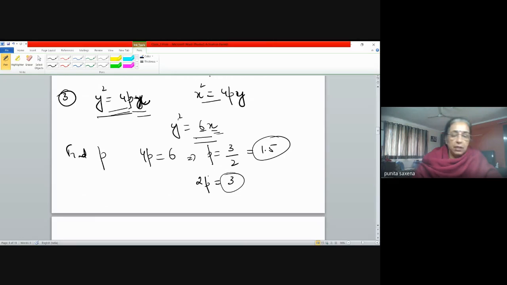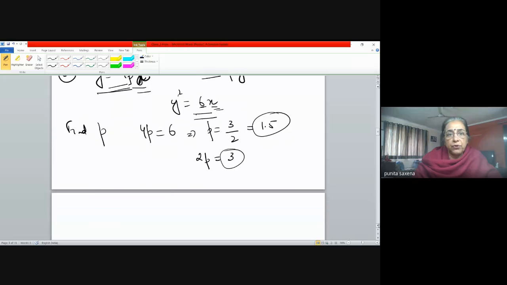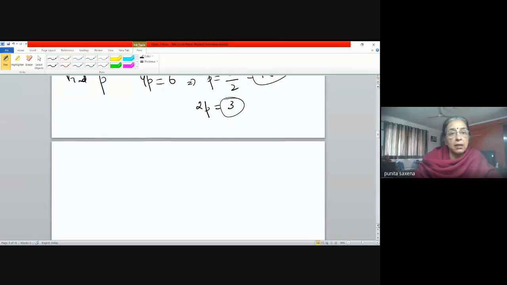Then we start from the origin, because as I said, we are going to have only those parabolas whose vertex is the origin. Directrix obviously उसके पीछे ही जाएगा, right? Once I have identified this is my axis of symmetry, the focus is going to be somewhere on the positive direction of the x-axis.